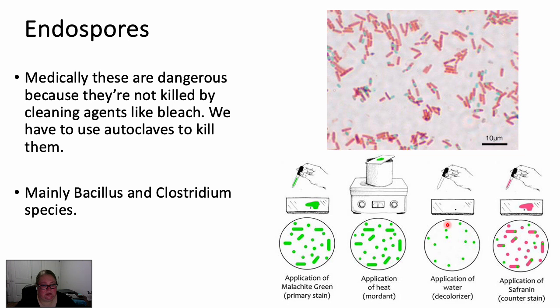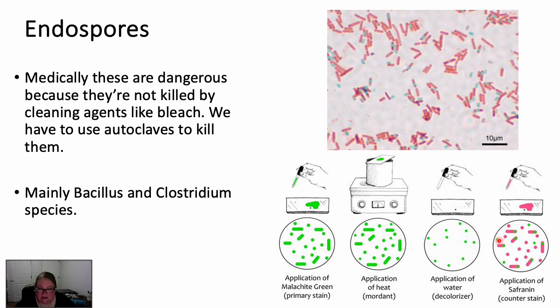And then we're going to use water. This is going to be our decolorizer, so it's going to rinse away. So the only thing that's going to be left stained is that endospore coat. And then we're going to finally use our counterstain, which in this case is safranin. Safranin is going to be applied to it, so the bacterial cell is going to be labeled pink. So endospore green, cell pink.